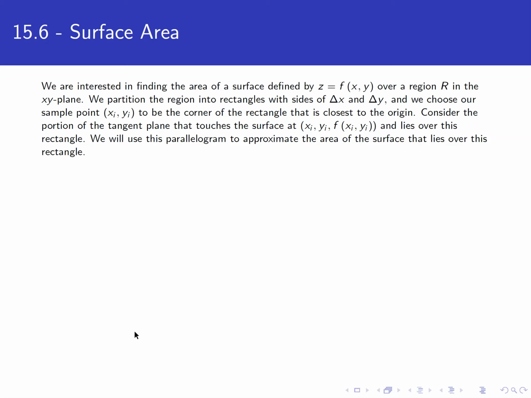Because we know how to find areas of parallelograms that are defined as vectors. So we're going to use that to help us figure out an approximation of the area of the surface over that little rectangle, and then we'll add up all those little approximations, and that'll help us get a formula in terms of a double integral for the surface area.